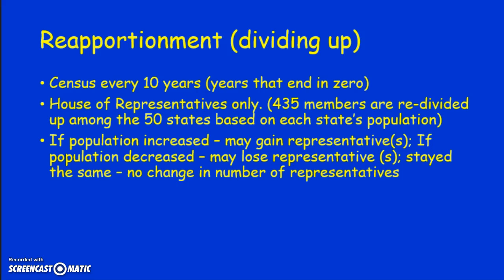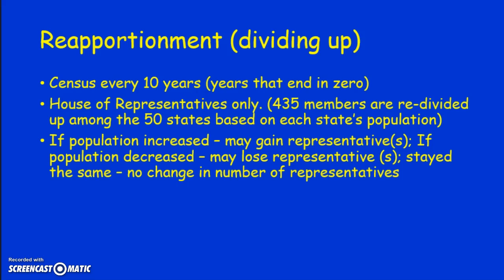The House of Representatives only has 435 members, and it is the only chamber in Congress that is affected by the census, because the census tells us if people have moved to a state, like Texas, we're always having people moving in, or have left a state, like maybe leaving Michigan or one of those states up there by the Great Lakes that's cold and unemployment is high. People leave, move to the south, southwest, or if there hasn't been much of a change in population at all.